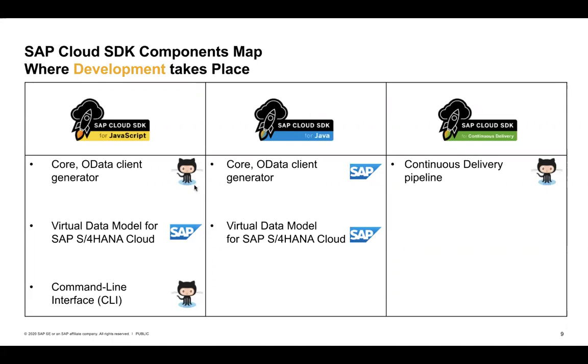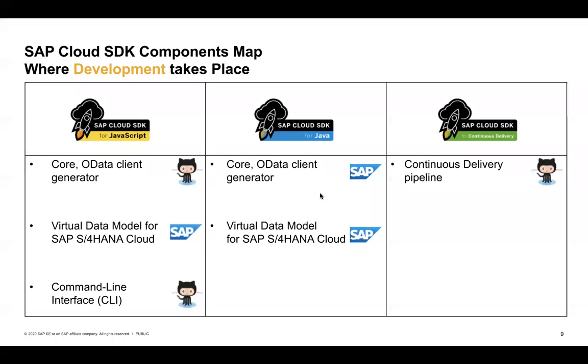You might ask yourself why we don't open source everything. There are different reasons for that. For example, if you have a look at the virtual data model for S/4HANA Cloud, this is something that's not very likely to be open sourced at some point of time because it's based on the S/4HANA Cloud solution, which means that in order to open source this one, we obviously need the support and the permission of S/4HANA Cloud, which as of today is not given.